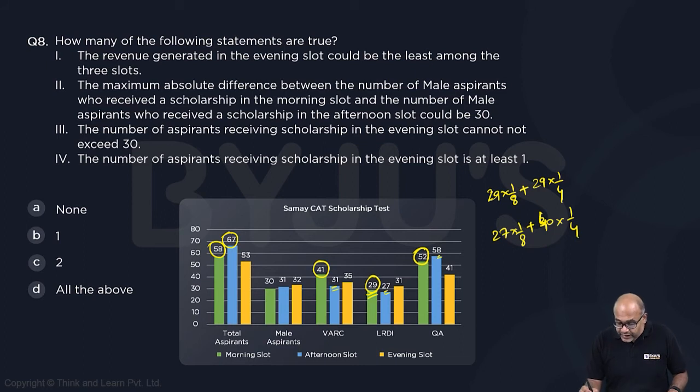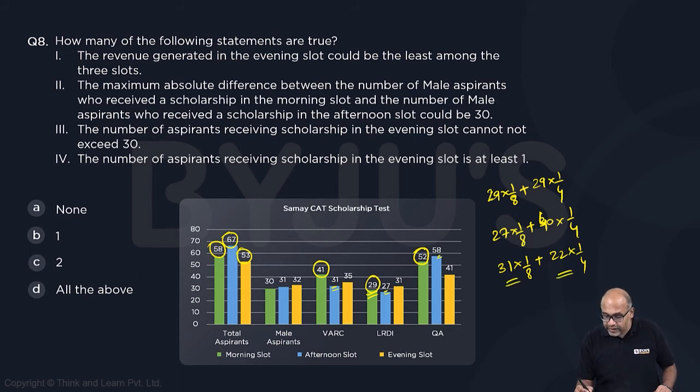Similarly, if you're looking at the evening slot, how much will that be? That will be 31 into 1/8 plus the remaining 22, because total is 53. So 31 of them are getting scholarship, the remaining 22 will not get a scholarship, into 1/4. So we can clearly see that this is 22 into 1/4 and this is 31 into 1/8.